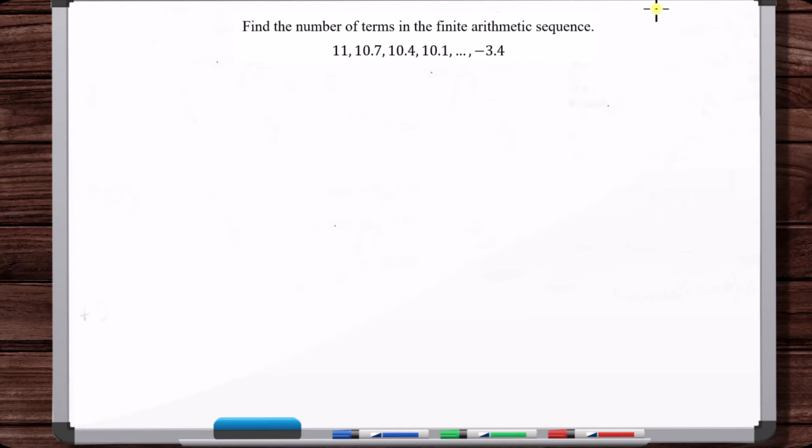Okay, same problem. They're saying this is an arithmetic sequence, so there should be a common difference. We go from 11 to 10.7, so we're subtracting 0.3. The D is going to be negative this time. We should be subtracting 0.3 again. Yes. So our A1 is equal to 11, and our D is equal to negative 0.3.